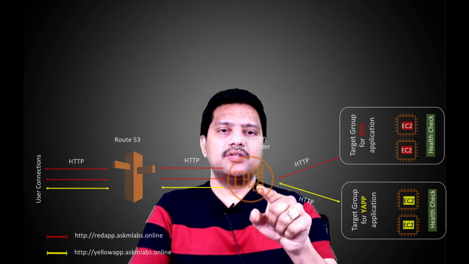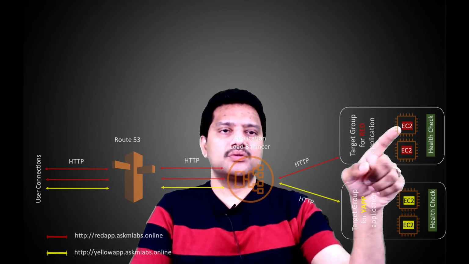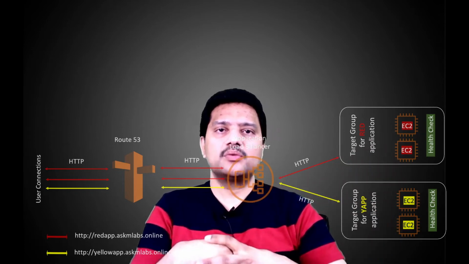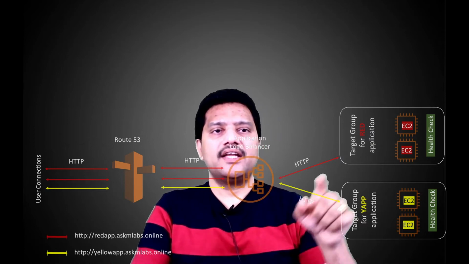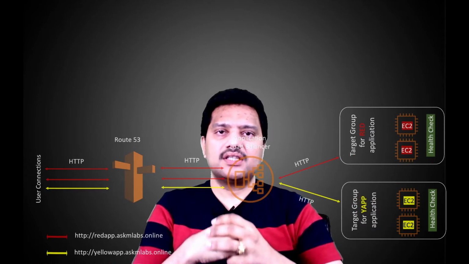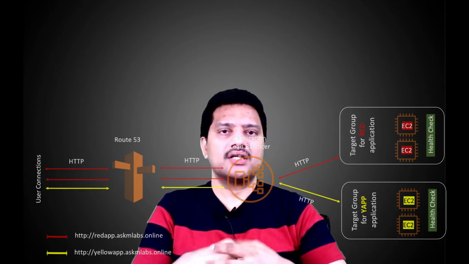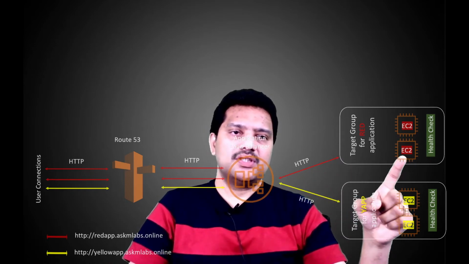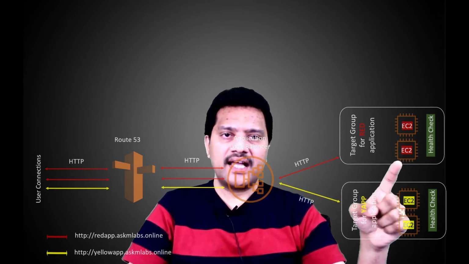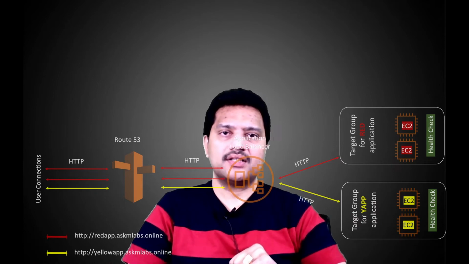From time to time the load balancer talks to all these EC2 instances to make sure that they are healthy. If any of these EC2 instances is not healthy for some reason, the EC2 instance reports its unhealthy status to the application load balancer.